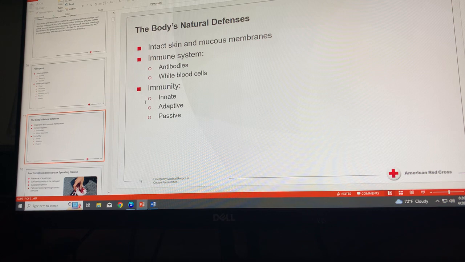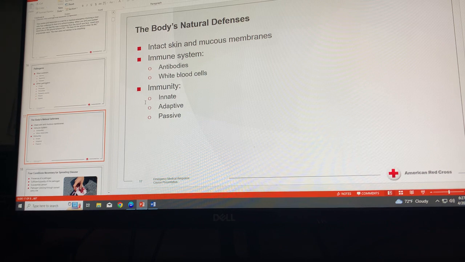Fever and exhaustion are often a sign and symptom that the body is fighting off an infection. Other common signs and symptoms include headache, nausea, and vomiting. There are different types of human immunity: innate, adaptive, and passive.